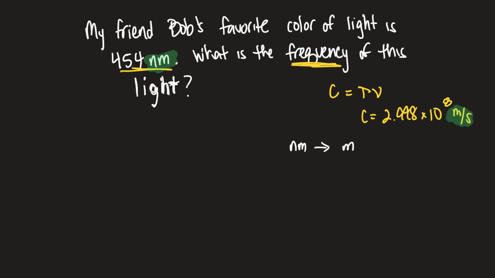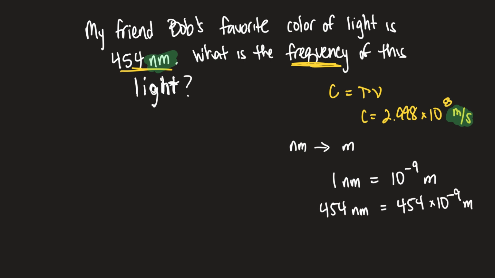The way I think about the conversion is that 1 nanometer is equal to 10 to the negative 9 meters. So if there are 454 nanometers, then it is 454 times 10 to the negative 9 meters.